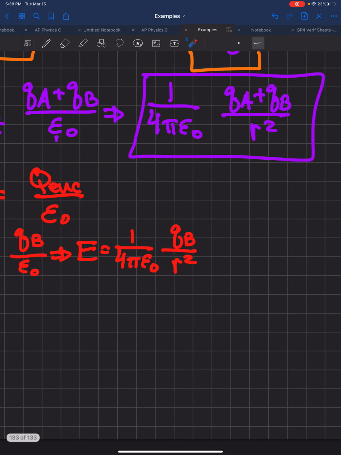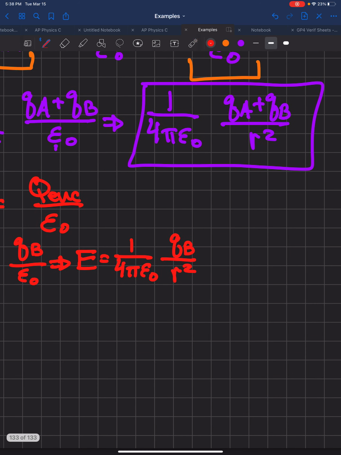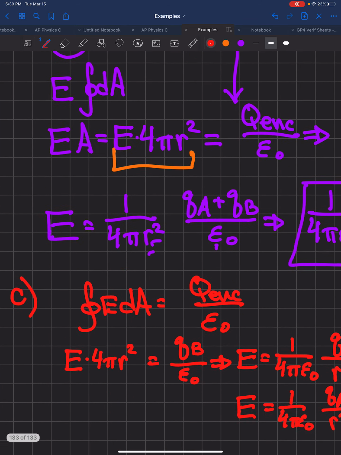Now, the cavity A is identical, so the electric field in cavity A is 1 over 4 pi epsilon naught QA over R squared, right? Because the charge enclosed with the other cavity would just be the other charge.